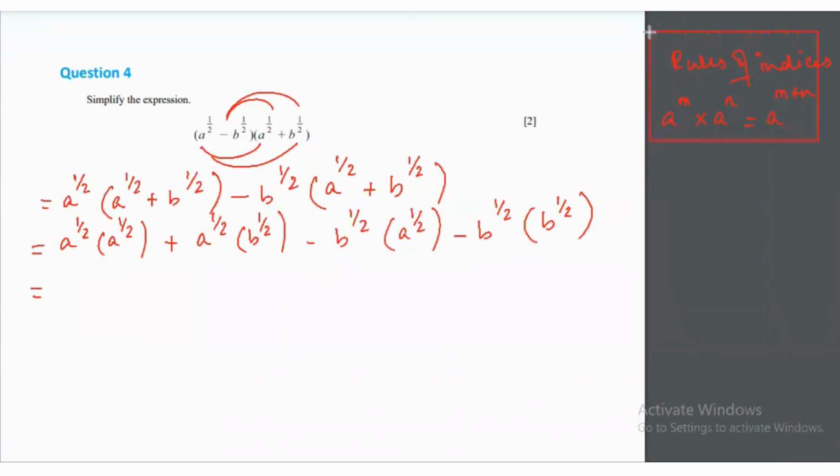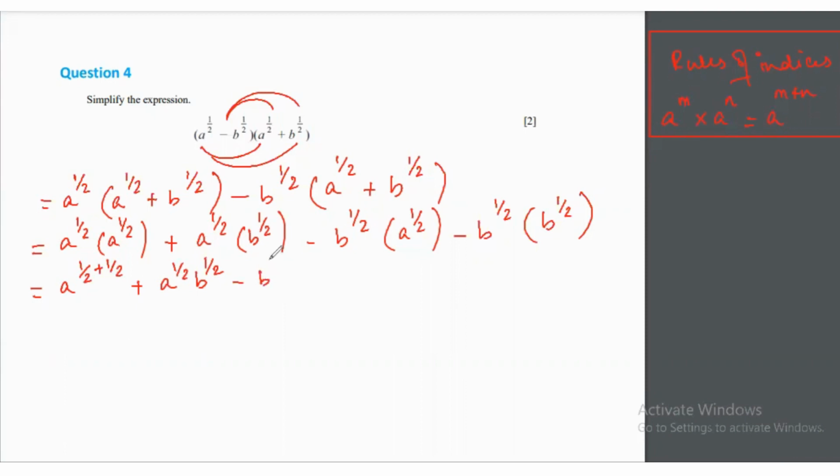Keeping in mind that when you're multiplying two similar bases, the powers will get added. In the first case, since a is the same for both these terms, we will add the powers. In the second case, since the bases are different, it just remains a to the power of 1 over 2 times b to the power of 1 over 2. We can't simplify it further.